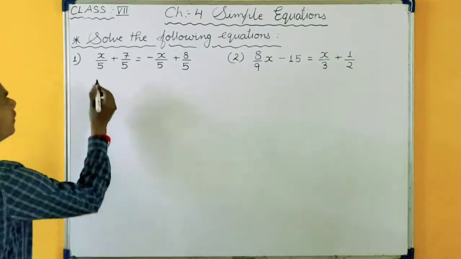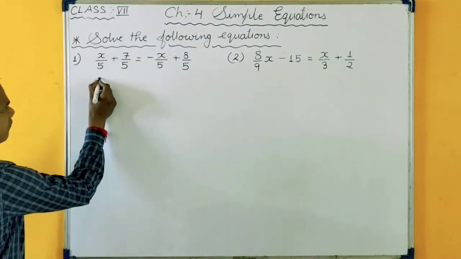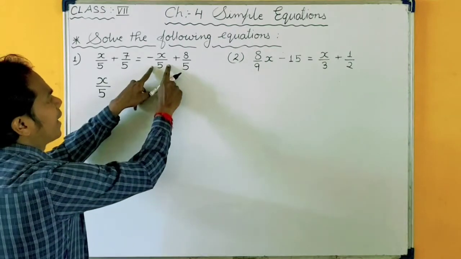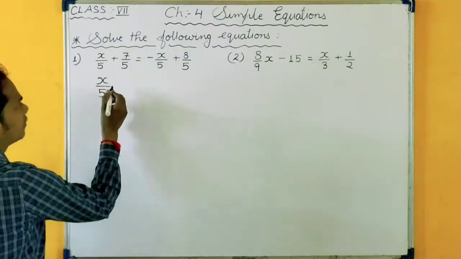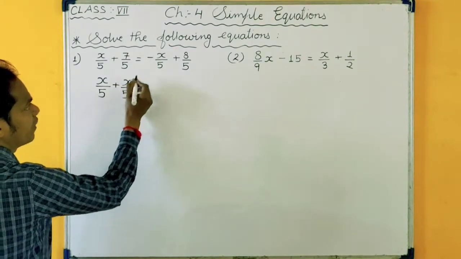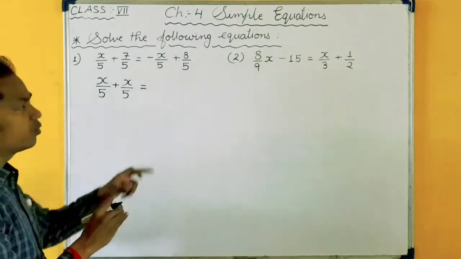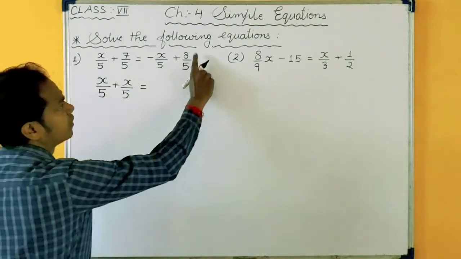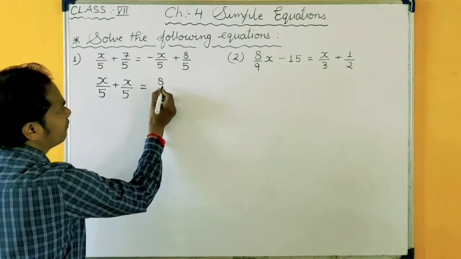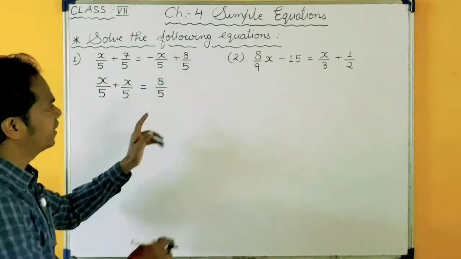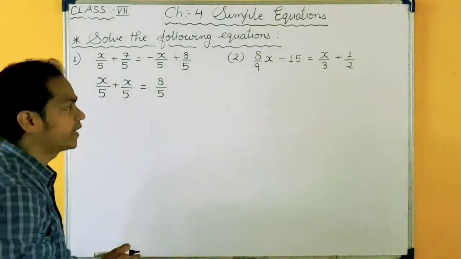So I will shift. This is x upon 5, which is already on the left hand side. This minus x upon 5 I will shift here, so it will become plus x upon 5. This equal to sign is at the center. On my right hand side, 8 upon 5 is already on the right hand side.